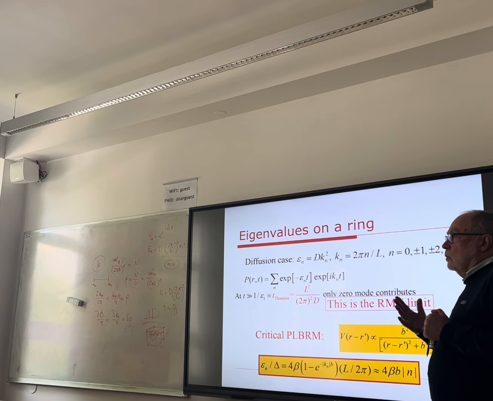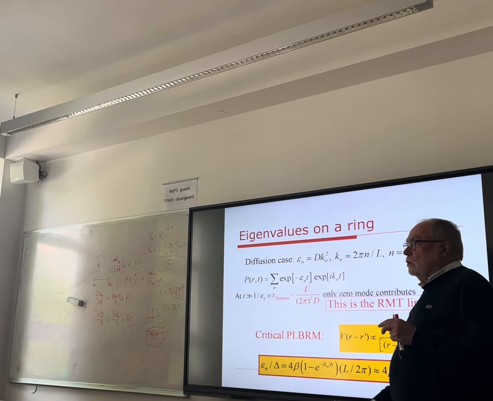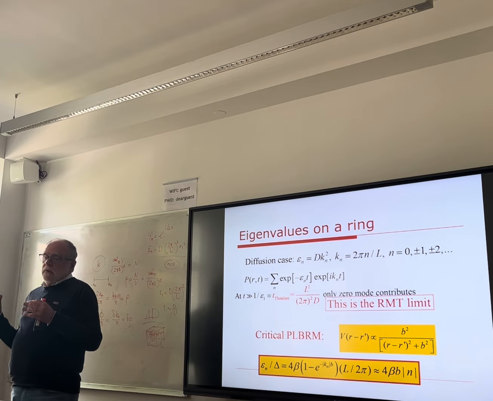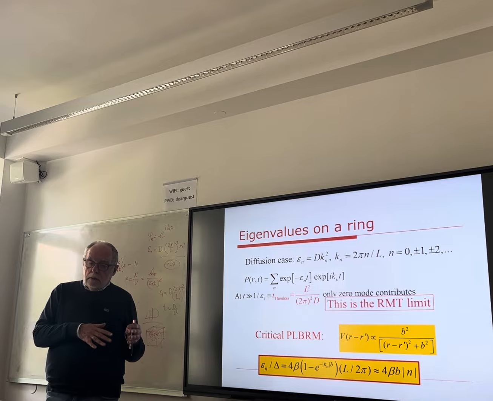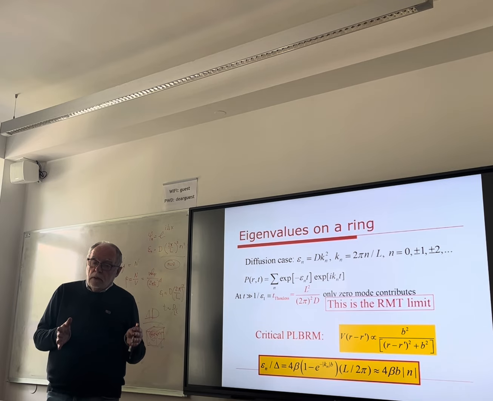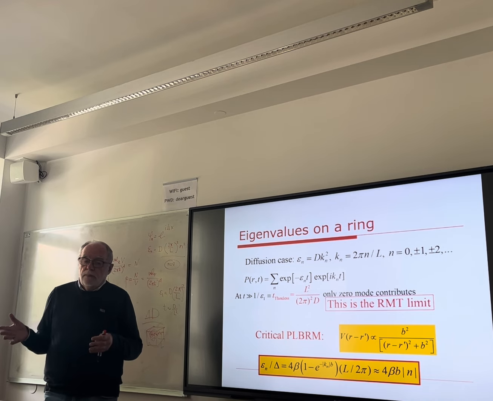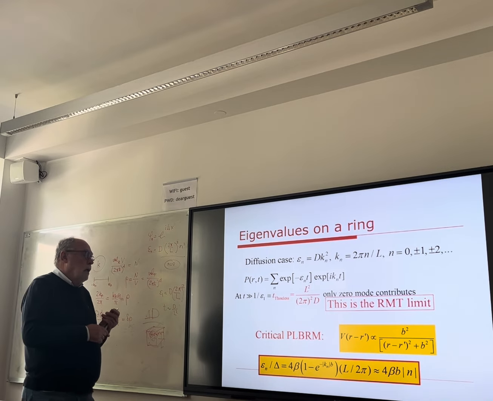Why? Because like in a two-dimensional system, usual diffusion with the power 2 is critical. We know that a two-dimensional system is critical with respect to the localization effect. If you have dimensionality smaller than 2, then we have localization. And if we have dimensionality greater than 2, then we have a phase transition, the Anderson transition. And 2 is the critical dimension. Why is it critical?